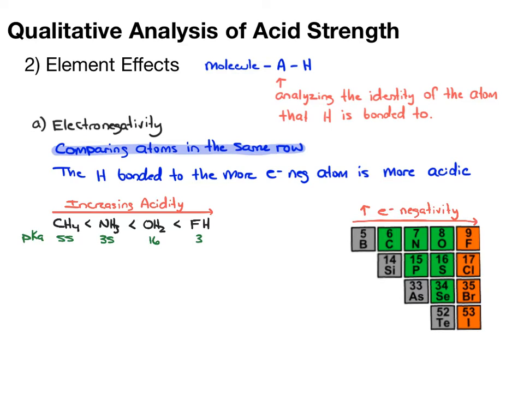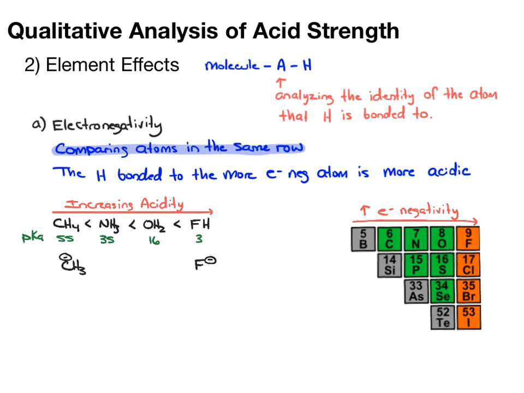Why is this? Remember, we can figure this out by analyzing conjugate base stability. Let's do the two extremes. The conjugate base of CH4 means a base takes away one of the protons and leaves you with CH3 minus. The conjugate base of HF is F minus.